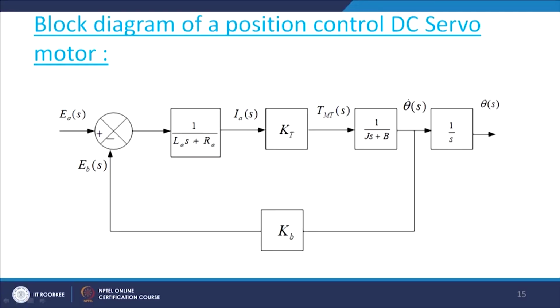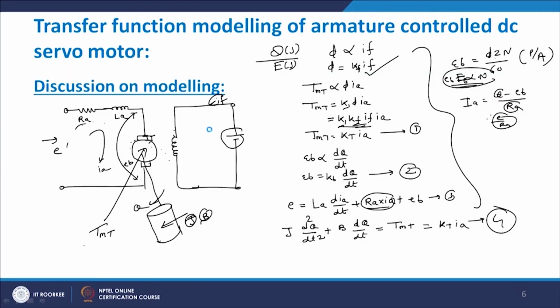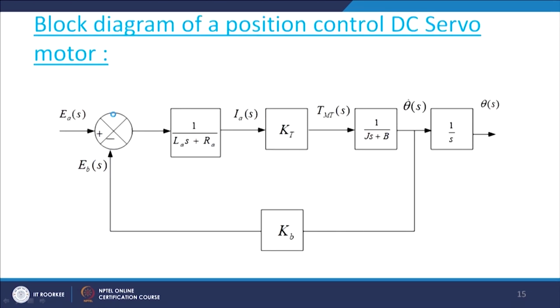Now just see the block diagram of a position controlled DC servo motor. You will find that this is 1 by (LA S plus RA). As we apply input, it moves towards RA and LA, and because of this RA and LA the current is flowing, and because of the current flowing a torque is produced, and the torque is opposed by this J and B. Therefore, first of all we have written the expression for LA S plus RA, then this is the motor constant.